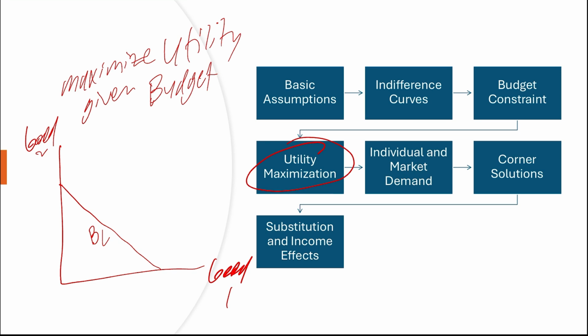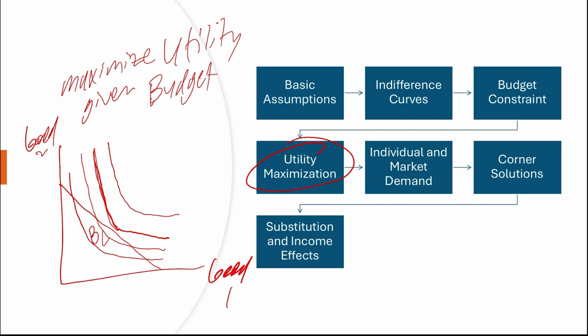So maybe we're indifferent between all of these combinations, and then we're at a higher level of happiness, but indifferent between all of these combinations and all of these combinations. What we're looking for is how do we get onto as good of an indifference curve as possible while staying within this budget constraint.